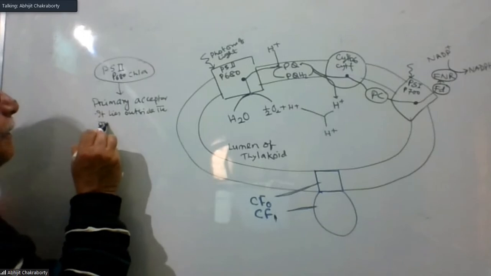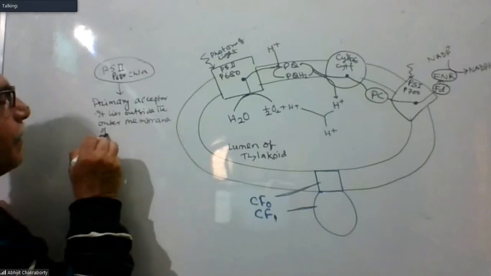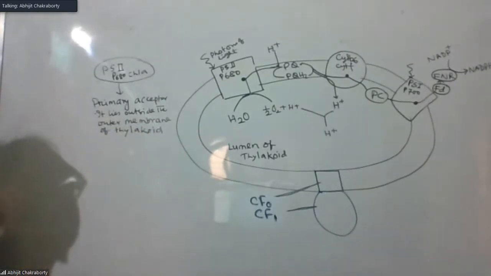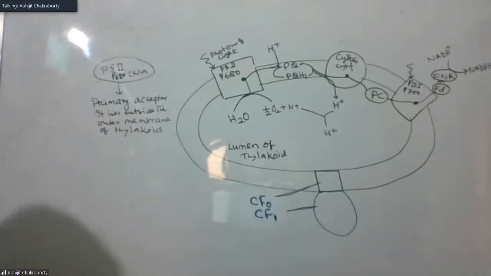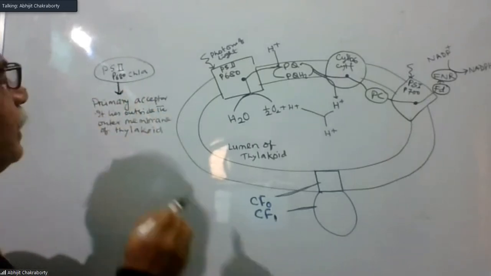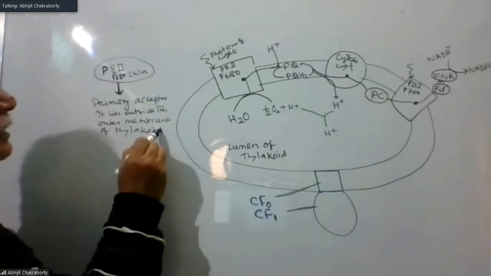The primary acceptor lies outside the outer membrane of thylakoid.